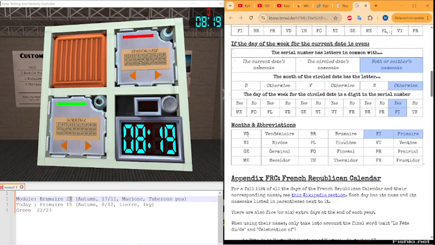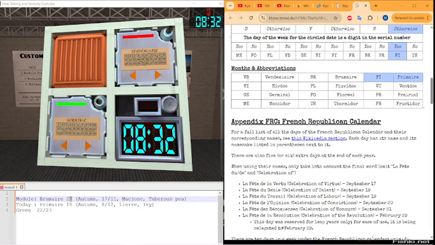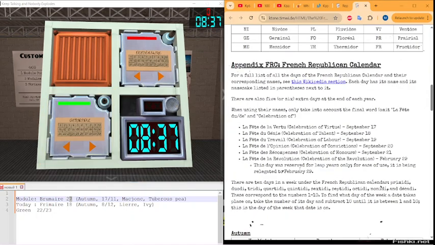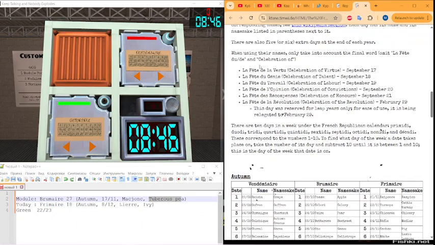So one more thing, if this rule asks you to compare, like to look up the letter of the name or the namesake of the date from the 13th month, here is the list of these names, and keep in mind, when using the names, only take into account the final word.